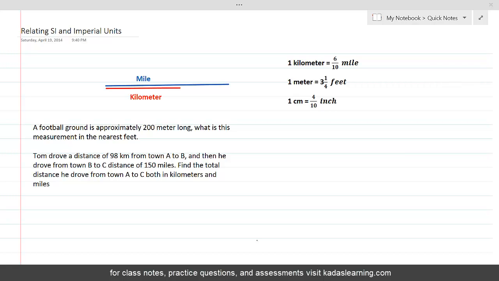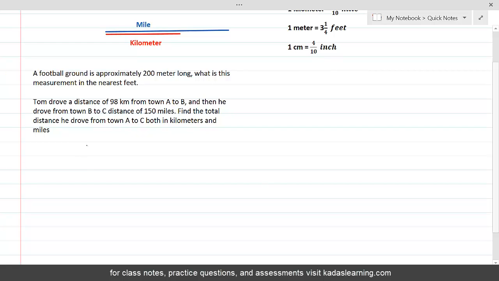The first question that is given to us is: a football ground is approximately 200 meters long. What is this measurement in the nearest feet? So the given length is equal to 200 meters.